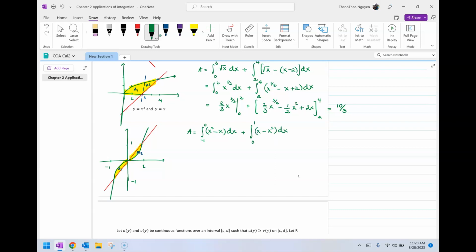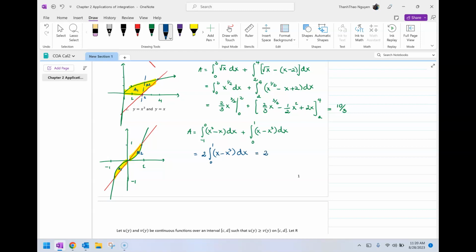Note that area 1 and area 2 are equal to each other by symmetry. Then I can just calculate this one time. This area equals twice the integral from 0 to 1 of x minus x to the 3rd dx.